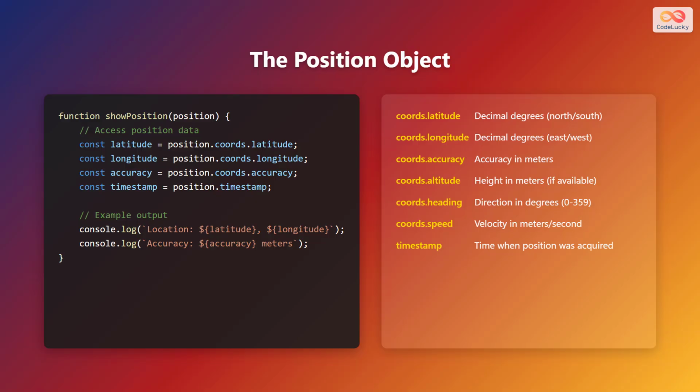Coordinates.altitude, which represents the height in meters if available. Coordinates.heading, which indicates the direction in degrees, ranging from 0 to 359. Coordinates.speed, which represents the velocity in meters per second. Timestamp, which indicates the time when the position was acquired.